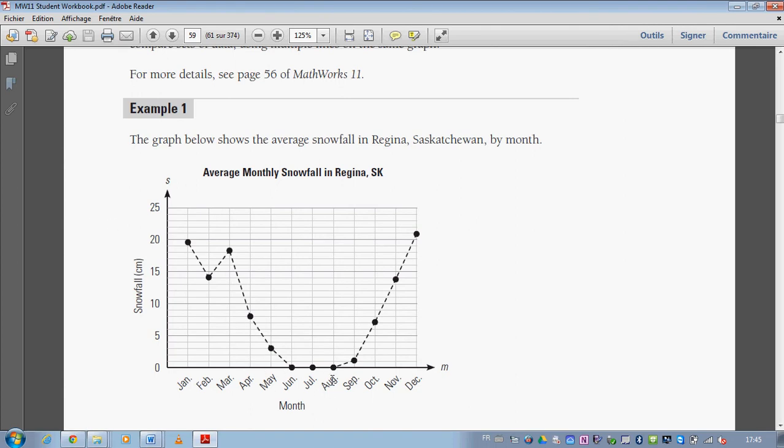It's not because you got 3 centimeters of snow that it absolutely has to be May. The month does not depend on the amount of snowfall that you get.